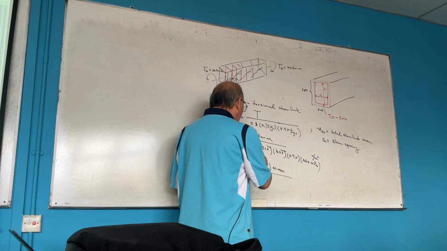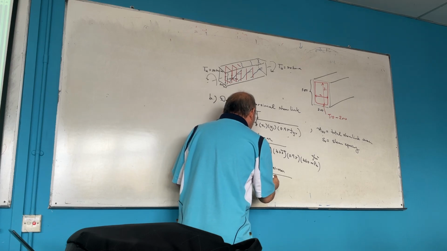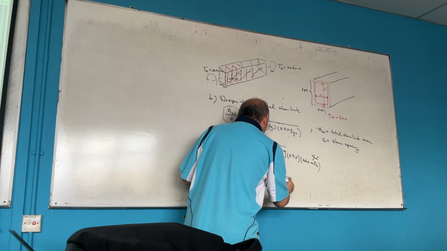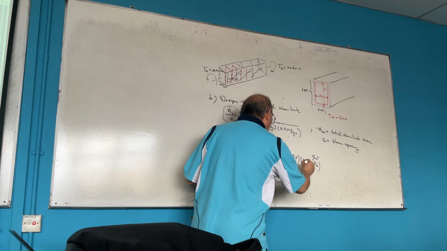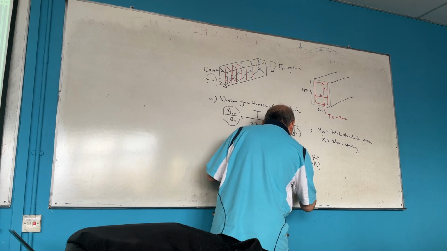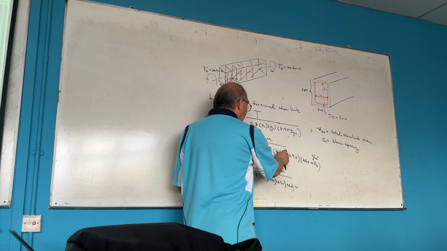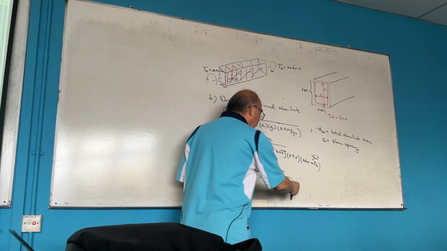So what is this value here? Here we have 0.8 multiplied by 210 multiplied by 460 multiplied by 0.95 and 460, and then here I have Newton, because millimeter square divided, so becomes Newton.